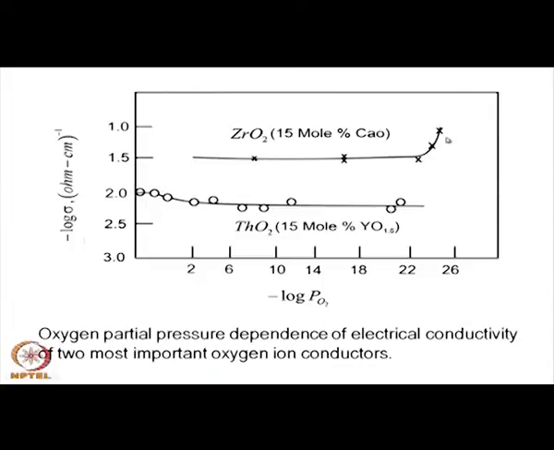So, this actually leads to n type conductivity beyond a certain partial pressure in the low range, below 10 to the minus 22 atmosphere, whereas here above 10 to the minus 2 atmosphere, this becomes slightly a hole conductor or a p type conductor, but otherwise from 10 to the minus 6 or 10 to the minus 4 to 10 to the minus 22, both of them behave as an ionic conductor. So, that is an important point to be noted.